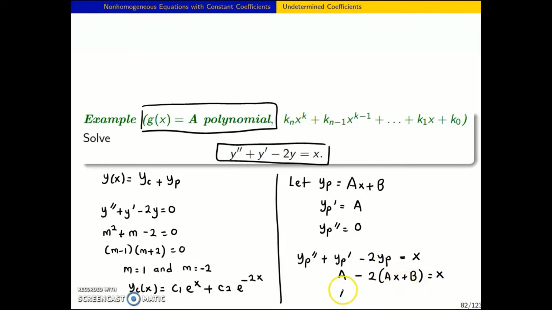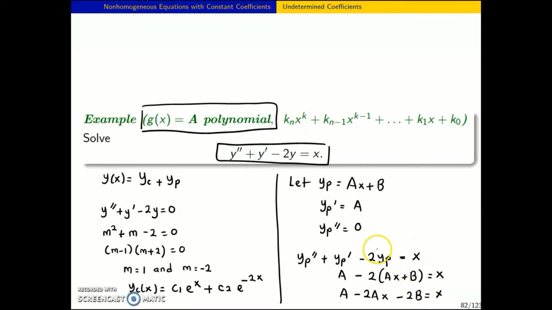Okay, simplifying, I have a minus 2ax. No, it's not x squared, it's just x. Minus 2b equals x.